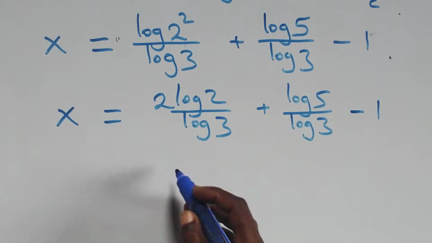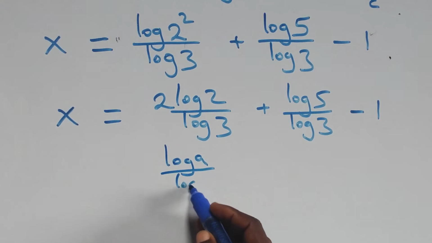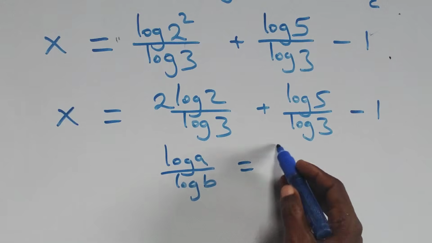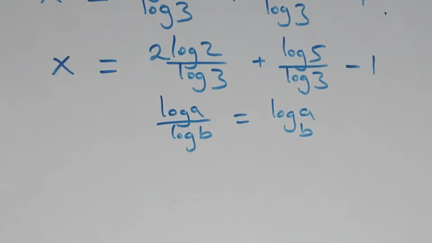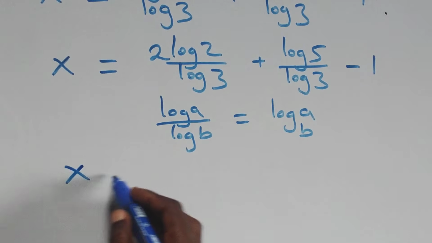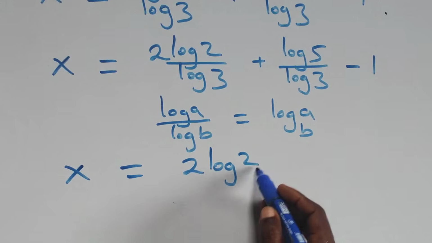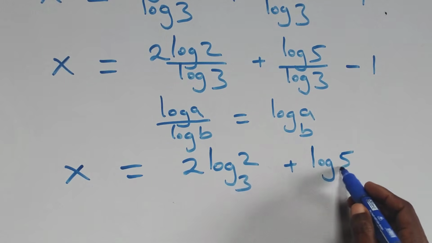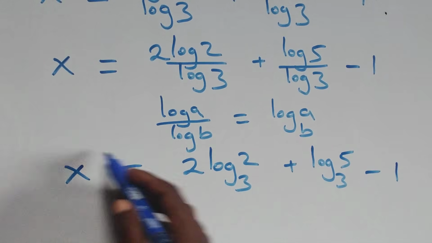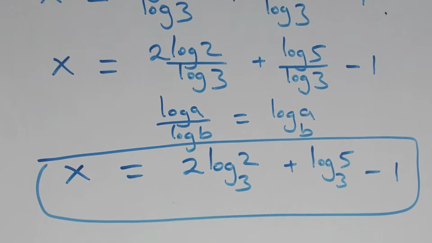Then applying change of base, when we have log a over log b, this is the same thing as log a to base b. Then what we have becomes x equals to 2 log 2 base 3 plus log 5 base 3 minus 1. We have the value of x in this problem.